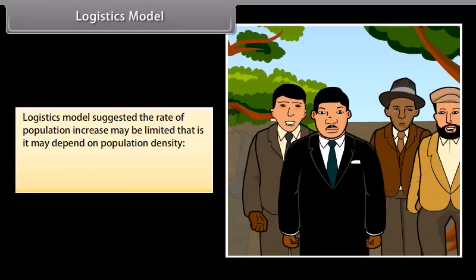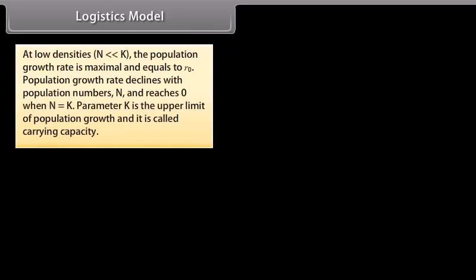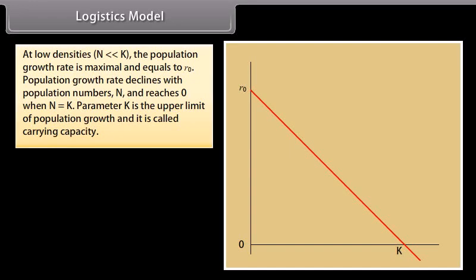Logistic model. The logistic model suggests the rate of population increase may be limited, that is, it may depend on population density. r equals r0 times (1 minus N by K). At low densities, that is, N is much less than K, the population growth rate is maximum and equals r0.